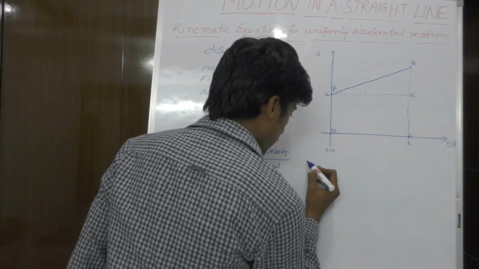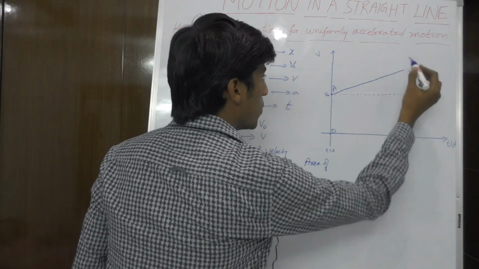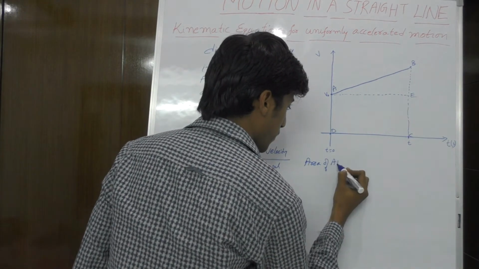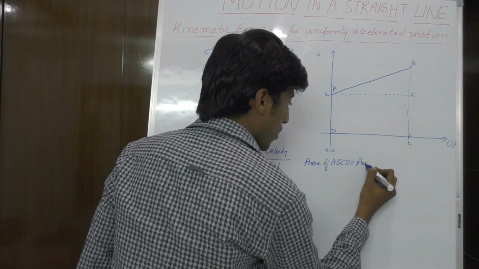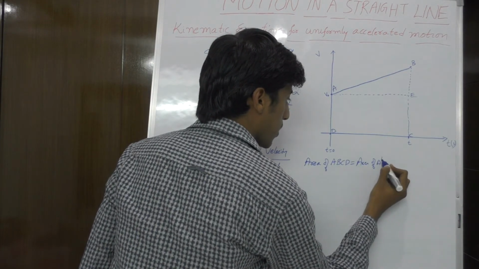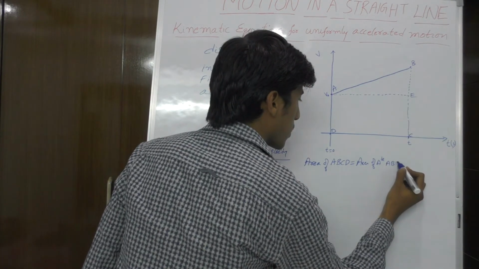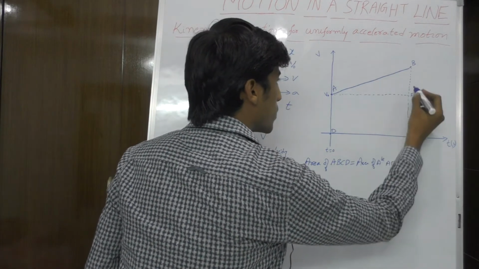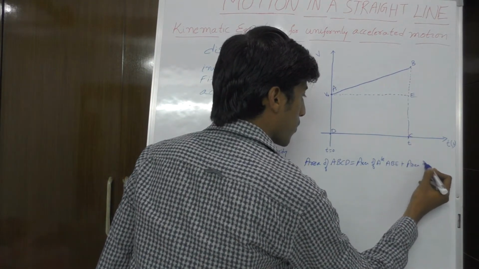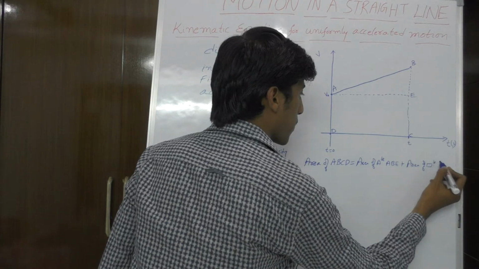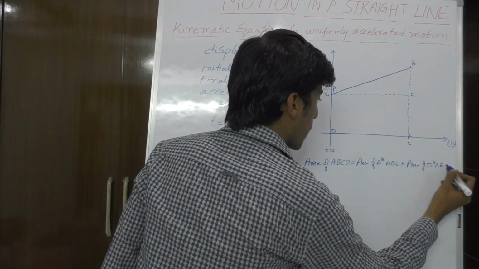Now let us write down the area of ABCD is equal to the area of triangle ABE plus the area of rectangle AECD.